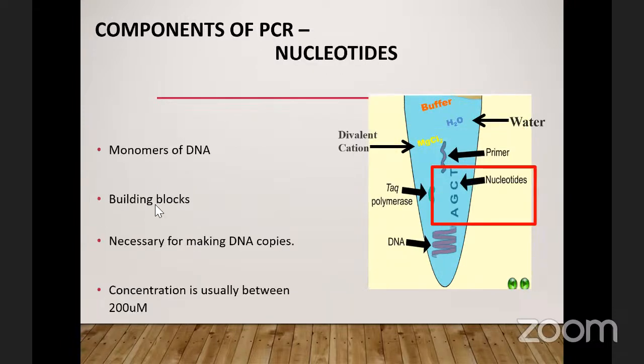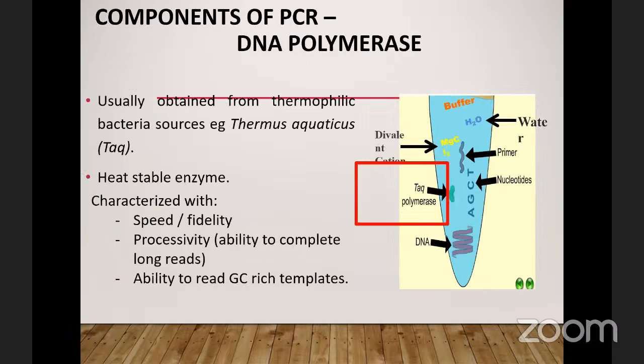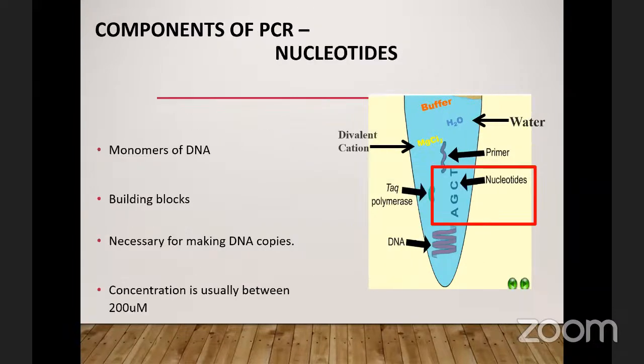Oh, thank you. Okay, so the next components of that PCR setup are the nucleotides. We call them dNTPs, the nucleotides. They are monomers of DNA.